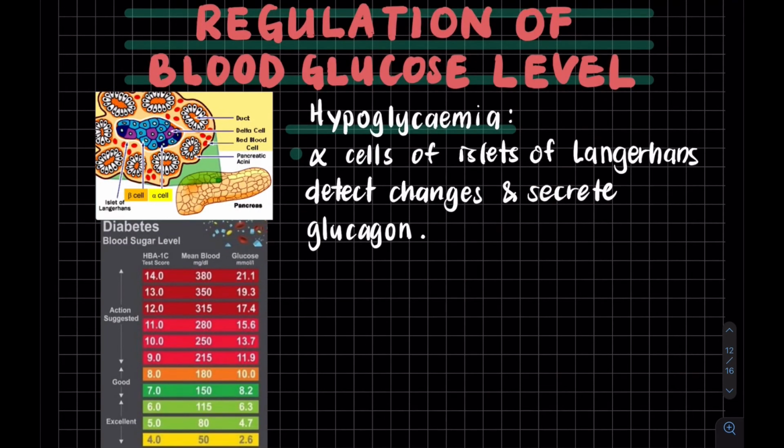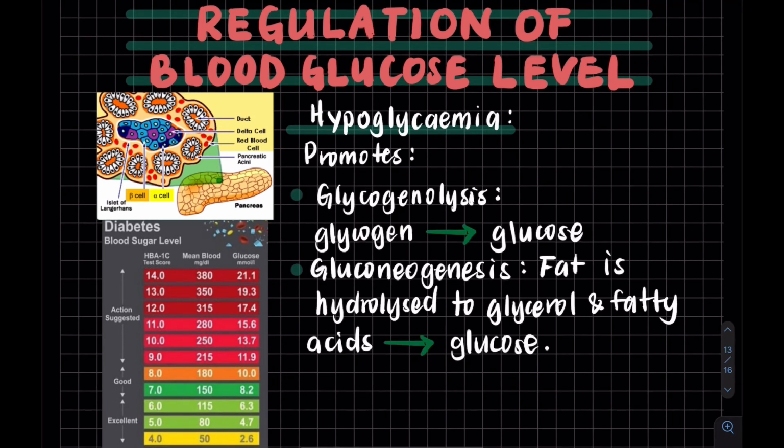The condition where blood glucose level is lower than normal is known as hypoglycemia. Alpha cells will detect these changes and secrete the hormone glucagon. Glucagon will be secreted to all tissue. This hormone will promote glycogenolysis in liver and muscle tissue, which converts glycogen into glucose.